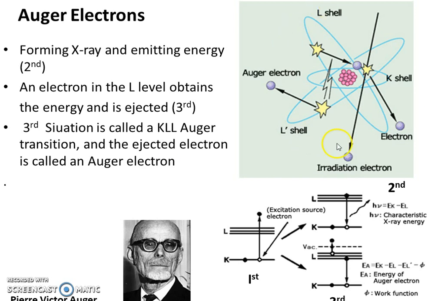Suppose an atom which is part of the sample; when the electrons of the electron beam strike a particular atom, and then strike the electrons which are part of that atom in different shells. So suppose an electron which is present in the K shell, the closest shell to the nucleus, the excited electrons of the electron beam will replace that electron and it will go out from the atom.